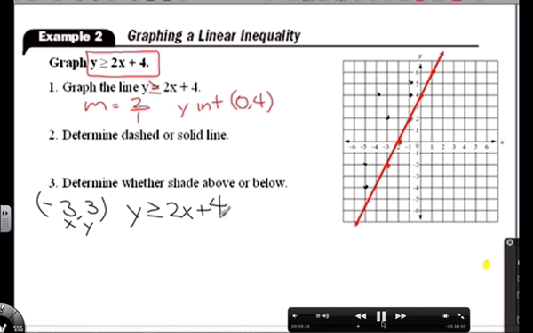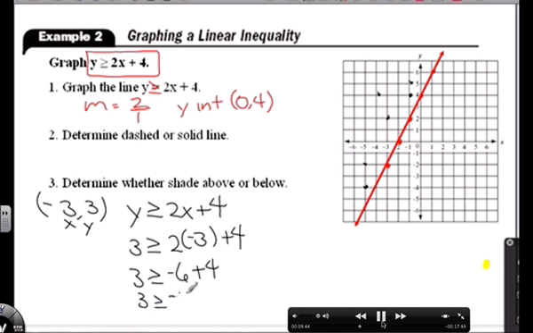So I substitute 3 for y and -3 for x. 3 is greater than or equal to -6 plus 4. 3 is greater than or equal to -2. Is that correct? Yes, it is. So somehow we have to show that all of these points would also make it true.